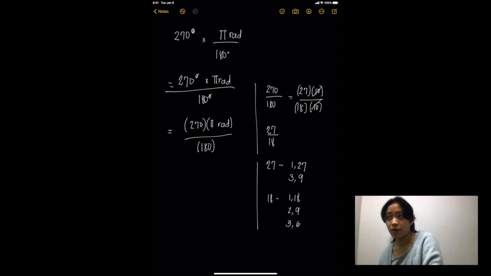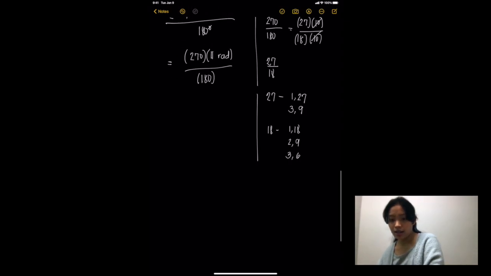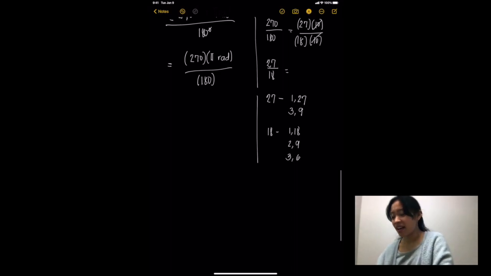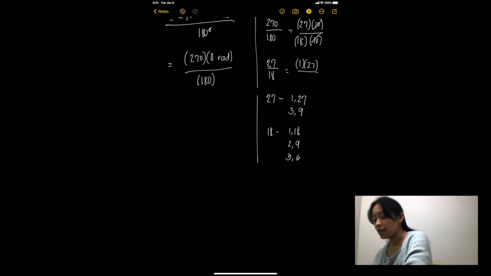How about 4? No, it's not divisible by 4. We've listed down all the factors of 27 and 18. Now let's look at the common factors of these two, except for 1, because 1 is the simplest number. If we write down 27 and 18 in terms of their factors 1, we'll still come up with the same number.